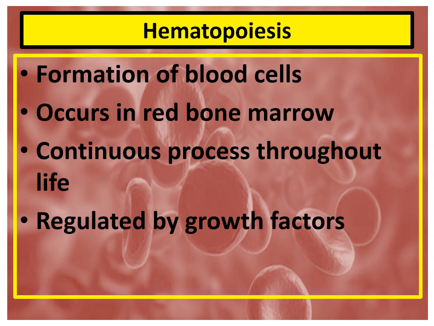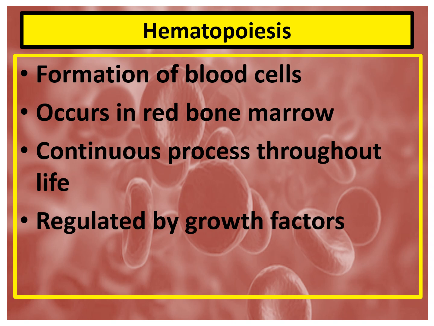Hematopoiesis. What exactly is hematopoiesis? The process of formation of blood cells in your body is called hematopoiesis. This occurs mainly in the red bone marrow. It is a continuous process throughout your life because, for example, the lifespan of RBC is 120 days.